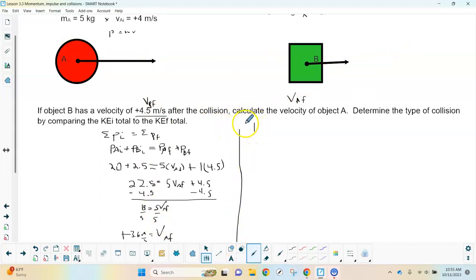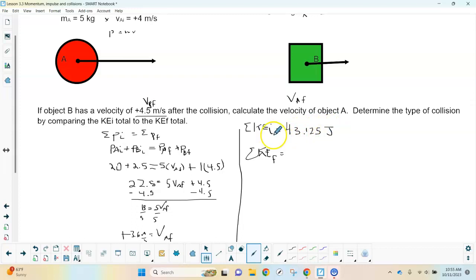For the kinetic energies, you're going to do the total kinetic energy, initial and final, just like we did in the last problem. So I'm going to skip ahead and just give you the answers that I got when I did this. But it's really just using the 1/2 mv squared equation for each and then adding them. So I got, for this one, 43.125 for the initial.